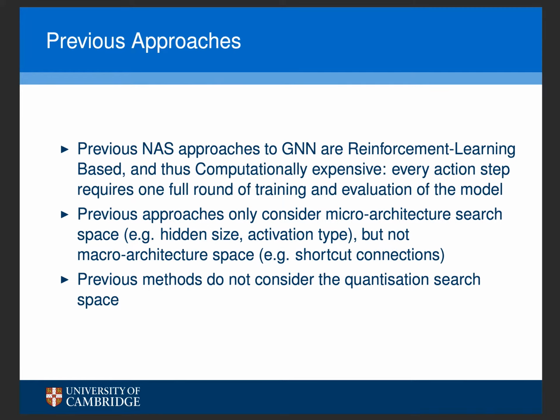And what happens in previous methods is that they normally only consider what we call a micro-architecture search space, that is the size of the hidden sizes or the activation types. But they do not really consider the macro-architecture space, for example, how graph blocks should be connected, and also how those graph blocks should be shortcutting each other. Also, obviously, previous methods do not really consider the quantization search space at all.